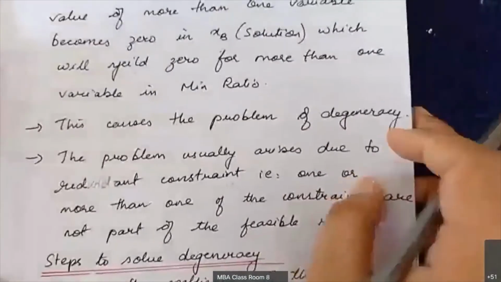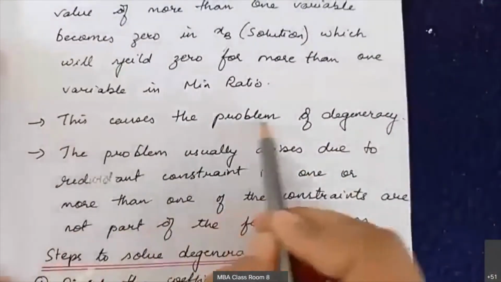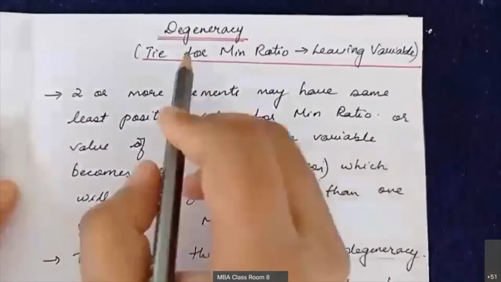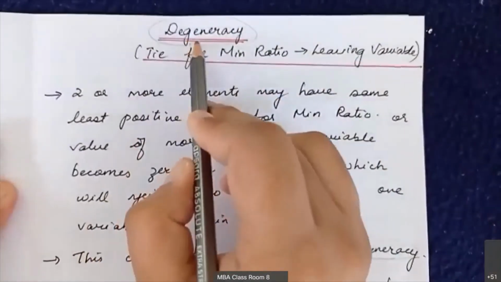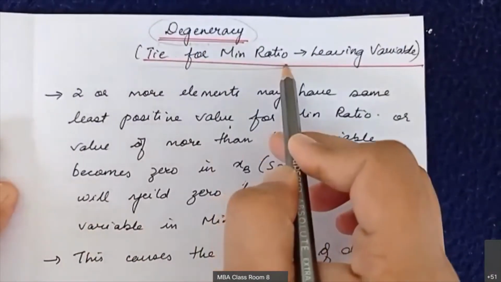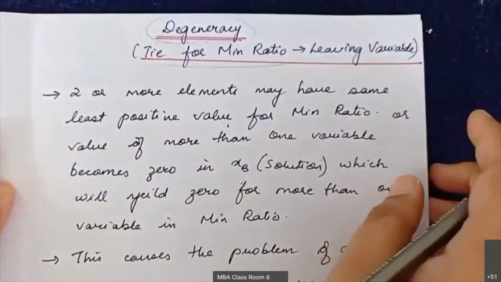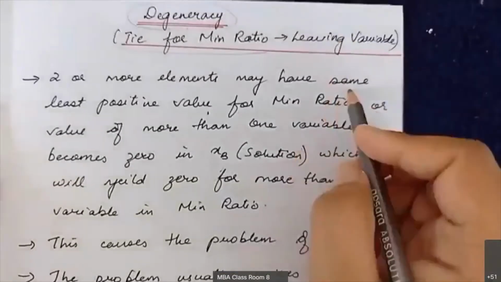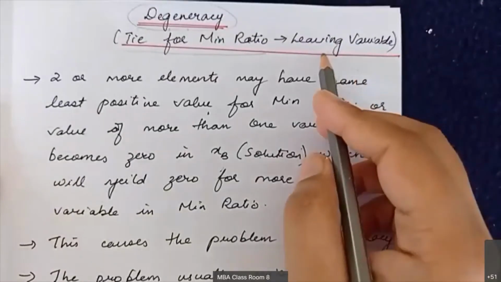This kind of problem is called the problem of degeneracy. Don't forget, degeneracy means when you have a tie for the minimum ratio. In two situations you will have a tie for minimum ratio: when you have the same minimum ratio, or when you have 0 for the solution.